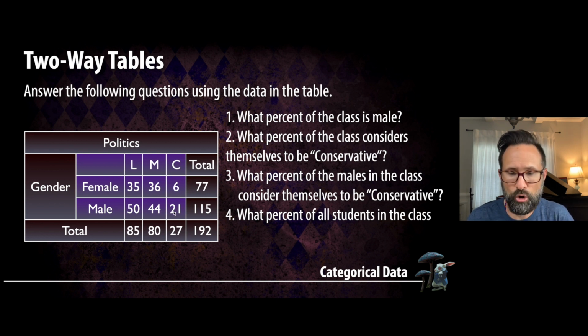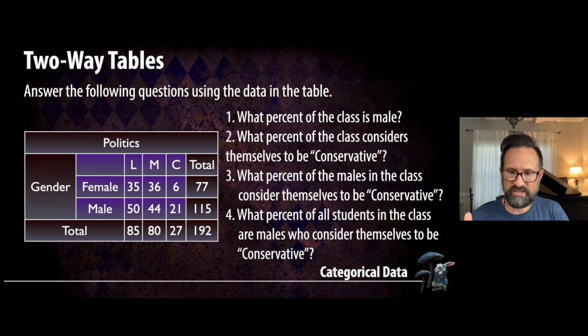There is a total of 115 males. So that's the total, and that's the 100% now. This is going to be the denominator I'm going to be working with when I do my fraction. Out of that group, how many are conservative? Well, that's easy. 21 out of 115 would be the percentage of males that consider themselves to be conservative.